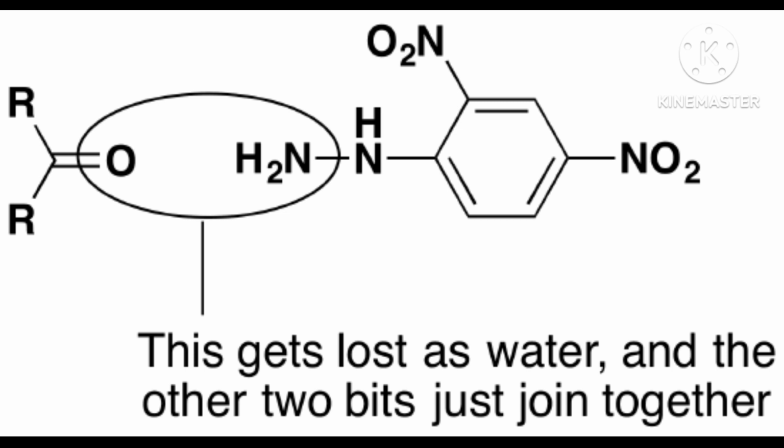It neither reduces Tollens' or Fehling's reagents, nor does it decolorize bromine water or Baeyer's reagent. On drastic oxidation with chromic oxide, it gives a carboxylic acid B having molecular formula C7H6O2. Identify the compounds A and B and explain the reactions involved.